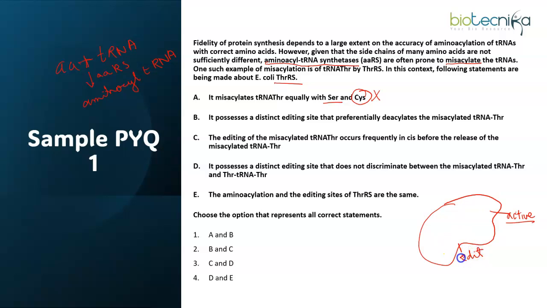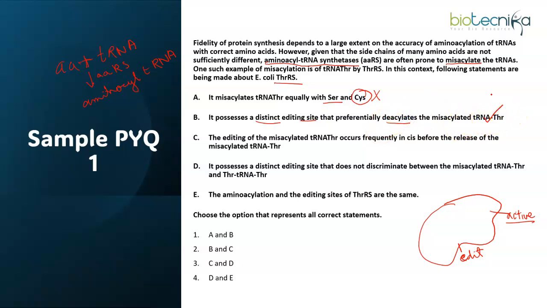If any misacylation by that particular tRNA synthetase is done, then this editing site, which is present in the same synthetase, will correct the misacylation. So it possesses a distinct editing site that preferentially deacylates the misacylated tRNA.